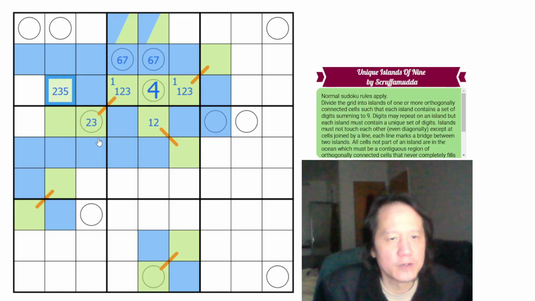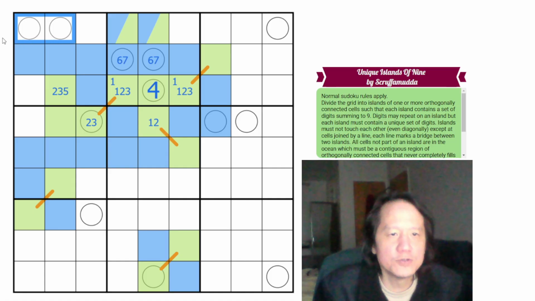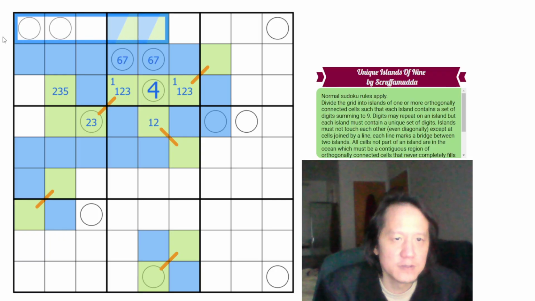What else do we know? These two cells cannot be the same cell. Well, it could have been, because of island, potentially. But the problem is, if these are both island cells, they see the same amount, right?